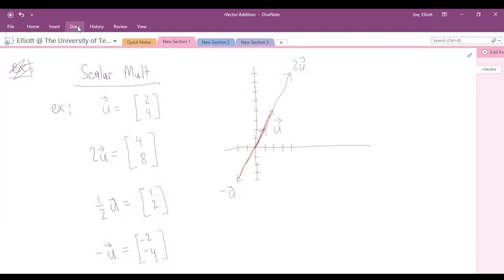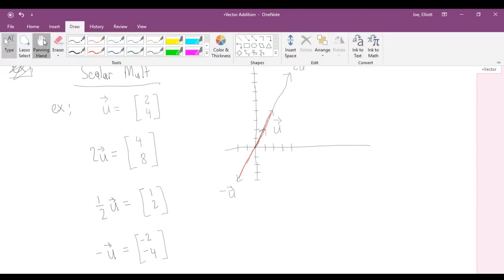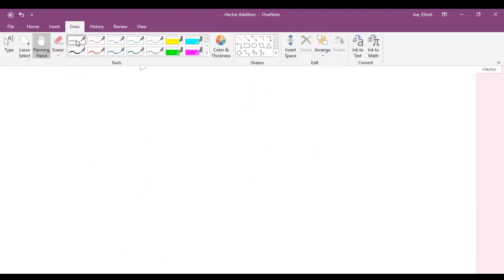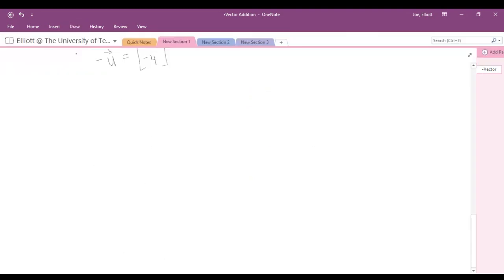Okay, so then after talking about addition and scalar multiplication, let's just talk a little bit about linear combinations. So I'm going to define what a linear combination is first.